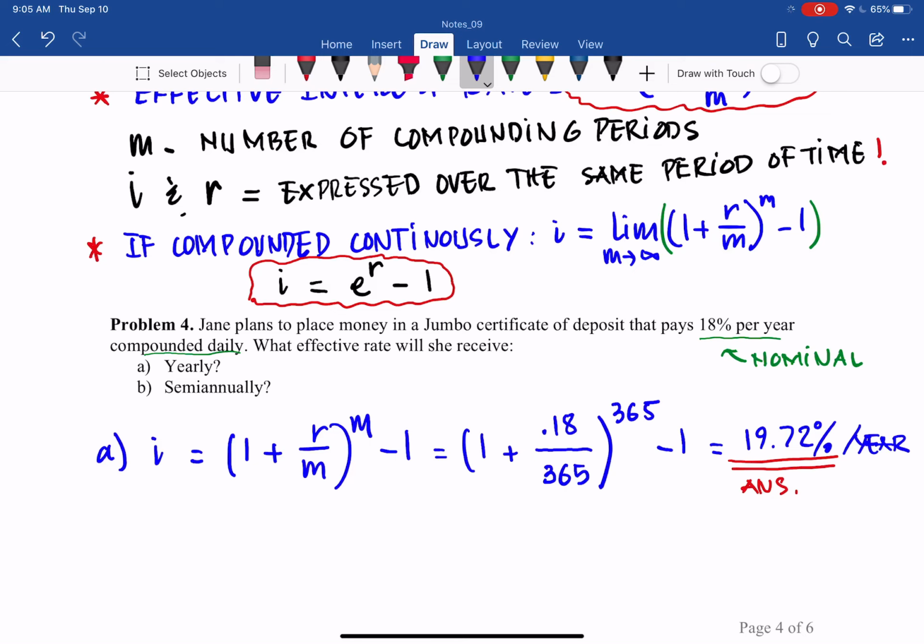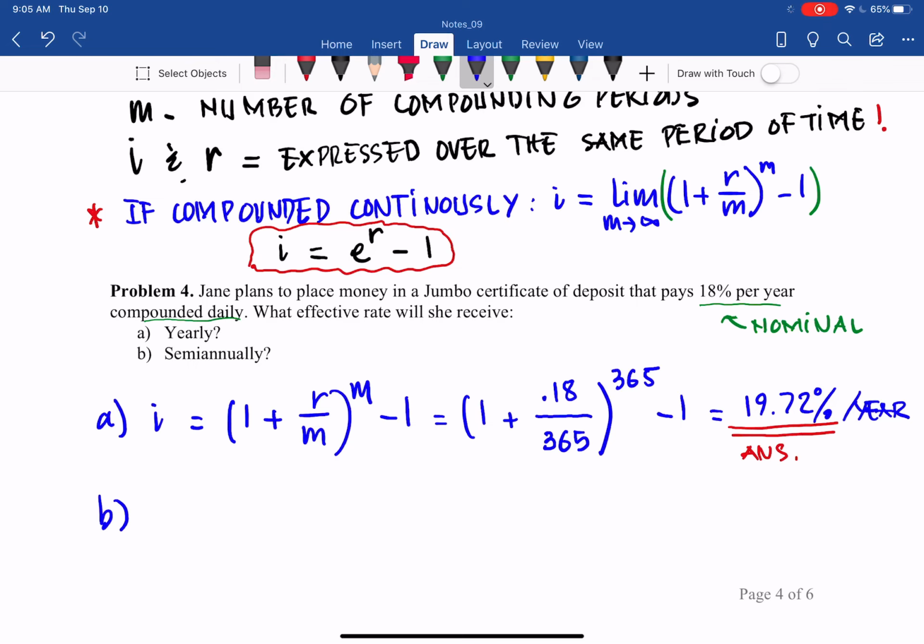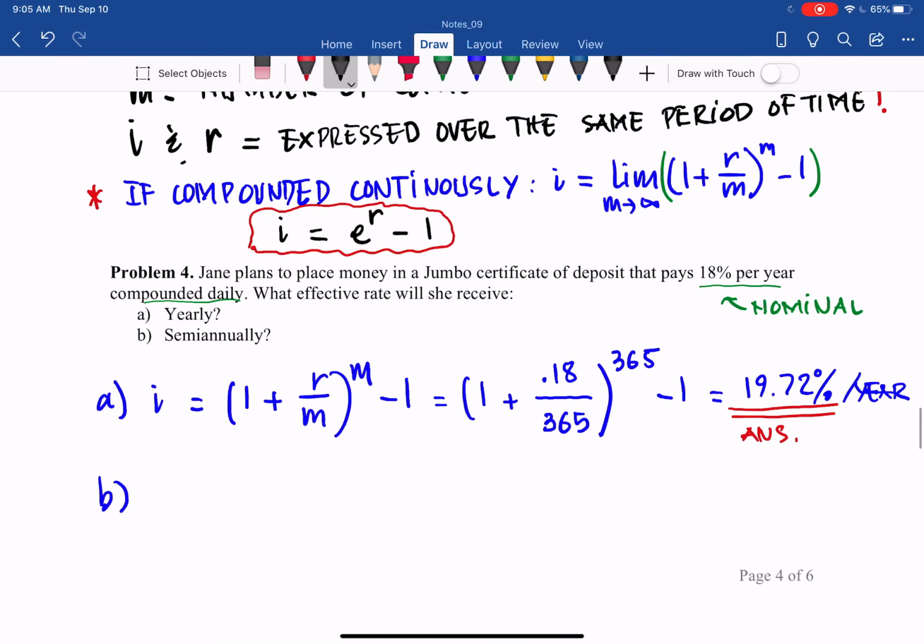And then the next one is semi-annually, per half year. Then what will we do? We apply the same equation. However, it has to be spread over the same period of time. So as you can see, the I we want to find is per half year.